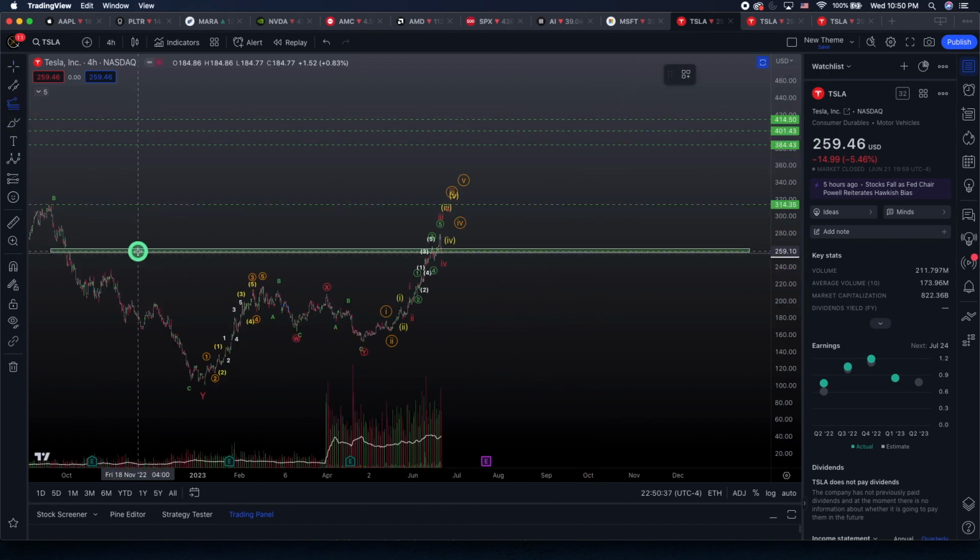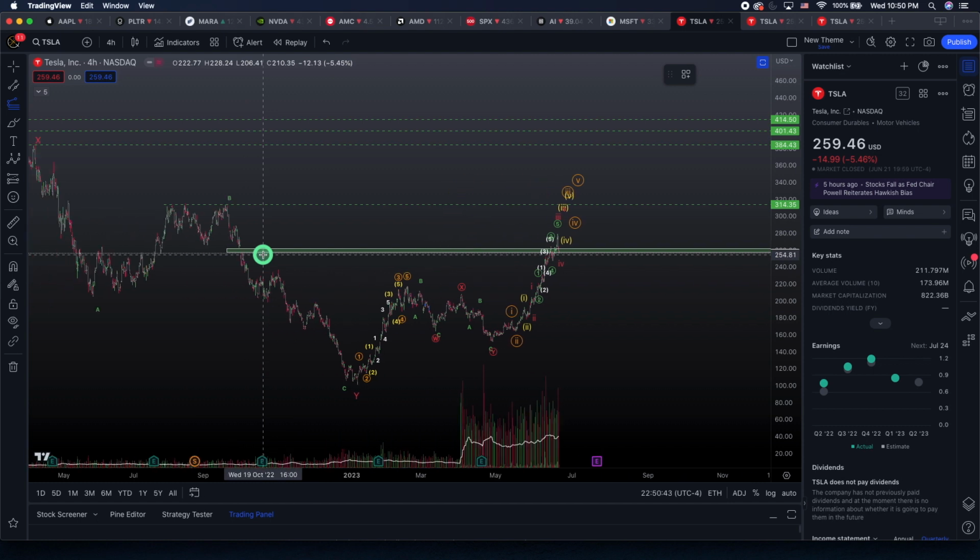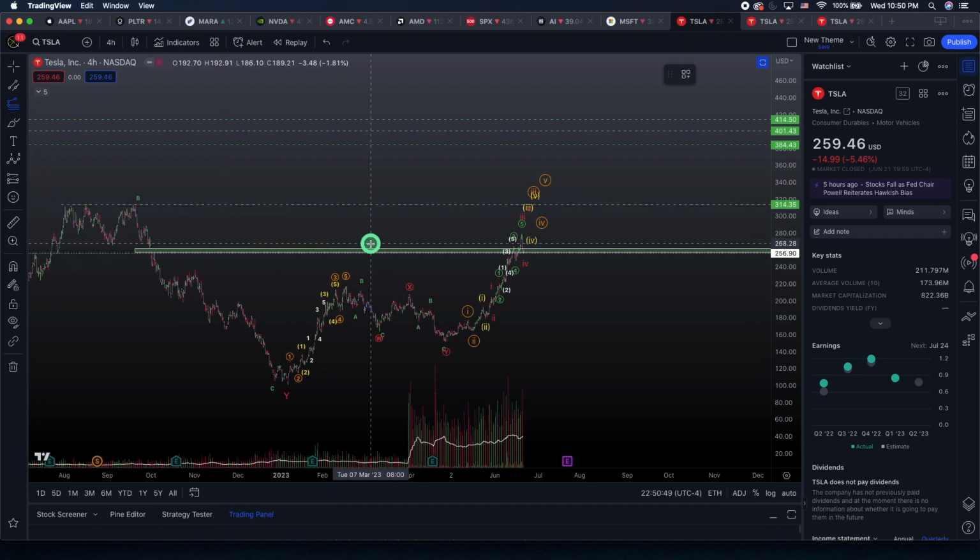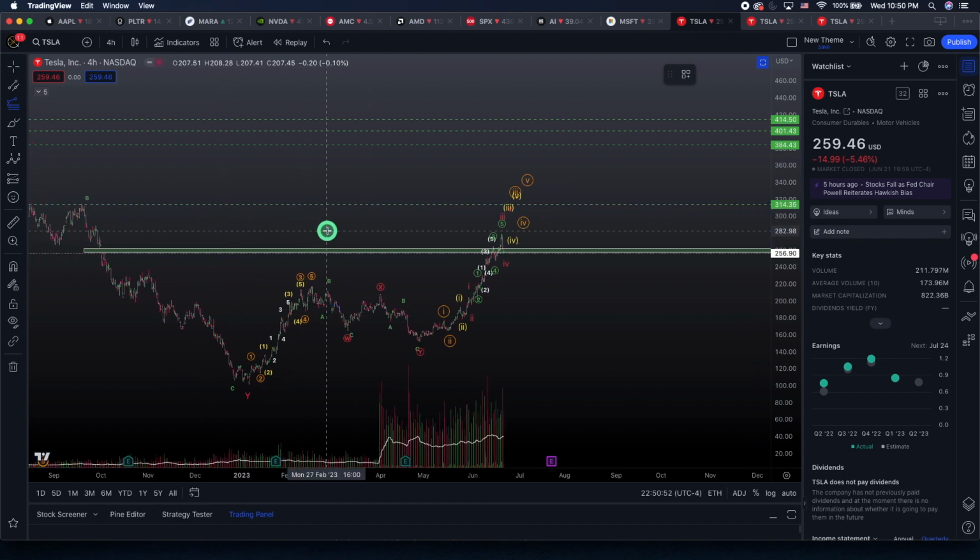Alright guys, so in terms of price targets then, you guys know we have the price target from the bull flag breakout that will take us around this level over here, around $310 to $315. That's, I think, the next major resistance that we're going to get once we bounce, okay?